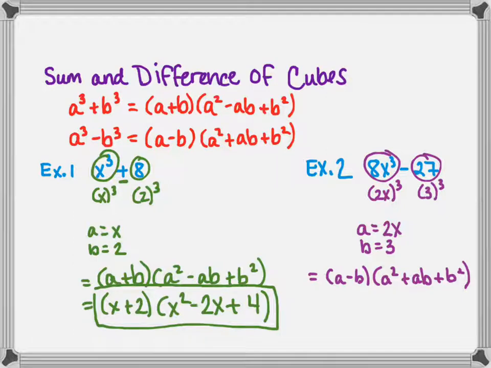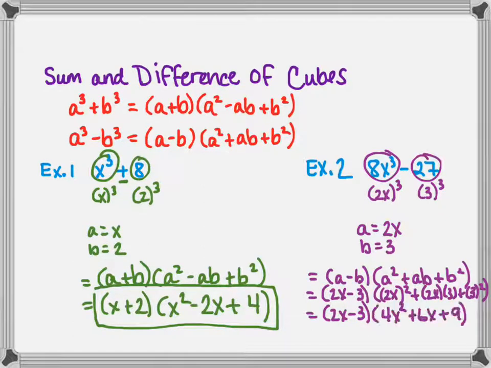Substituting in 2x and 3, we get 2x minus 3 times 2x quantity squared plus 2x times 3 plus 3 squared. Simplifying that, we get 2x minus 3 times 4x squared plus 6x plus 9. And that is our factored expression.